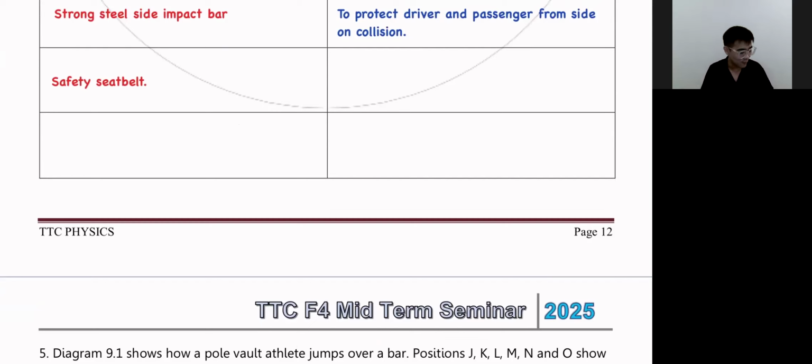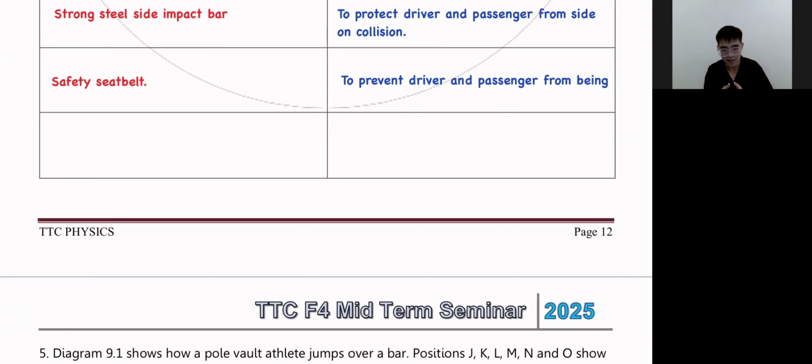But again, why do you want a safety seatbelt? It's because you want to prevent the driver and the passenger from being thrown out of the car due to inertia. Remember inertia? When the car is moving, the driver and the passenger are moving forward also.